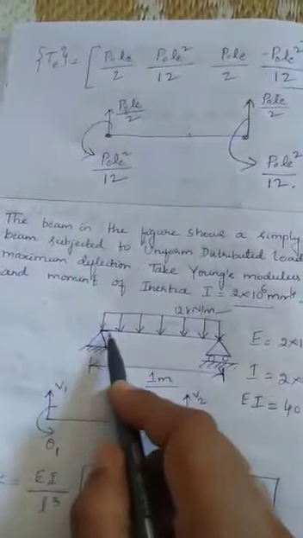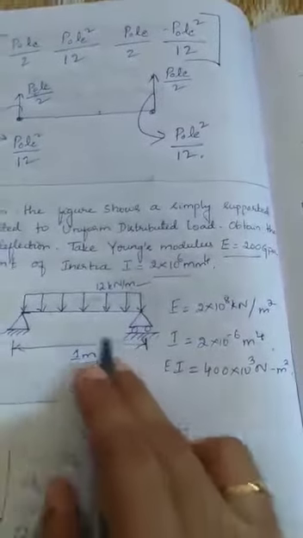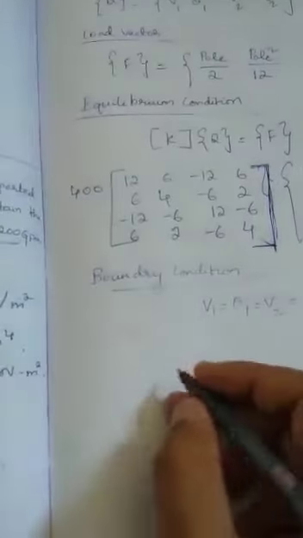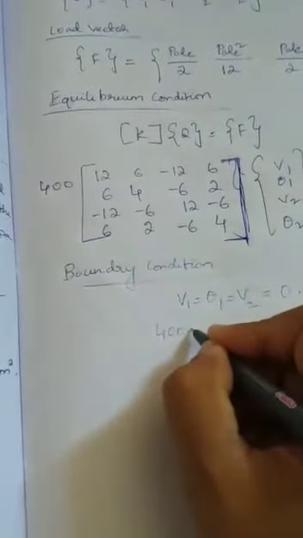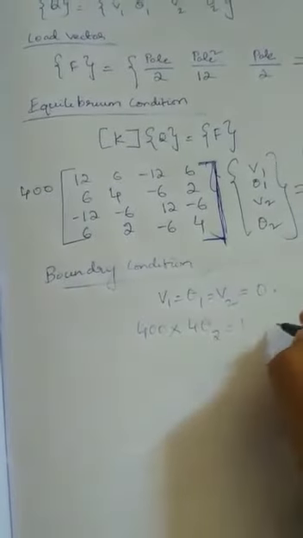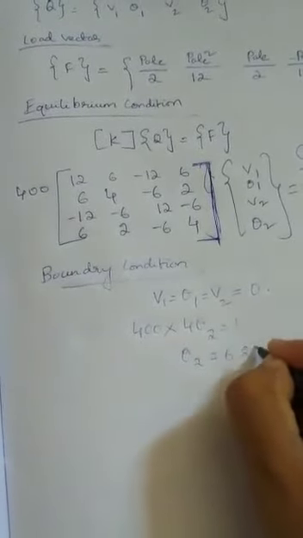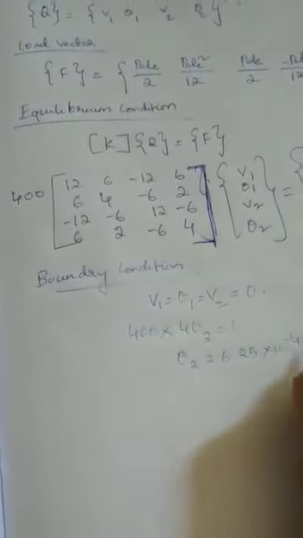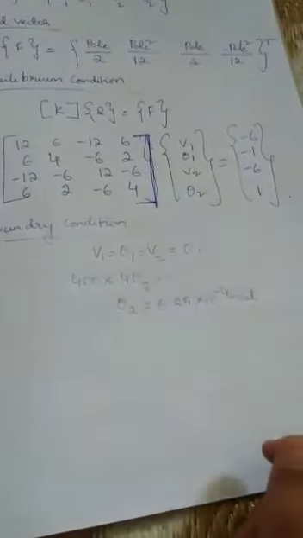So applying the boundary condition, finally we can write 400 into 4, theta 2 is equal to 1, or theta 2 is equal to 6.25 into 10 raised to minus 4 radians. This is the answer for theta 2.